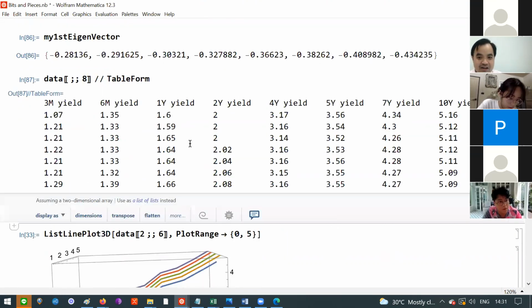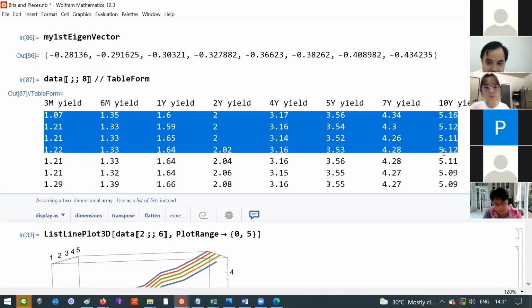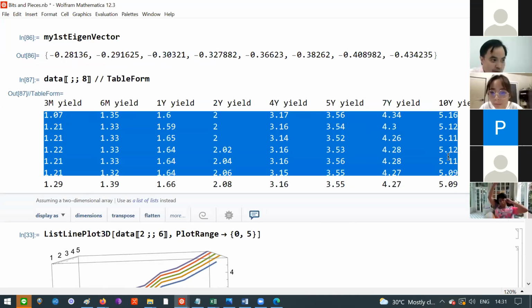Now look, watch the screen carefully. This is my data, right? It goes all the way down to 4,500 rows. I take the transpose of this, multiplied by this thing to summarize the whole movement.